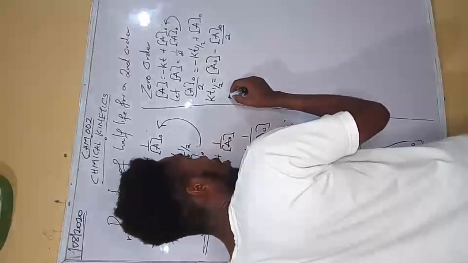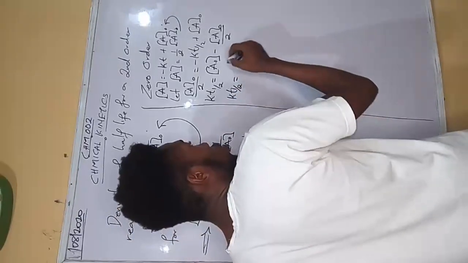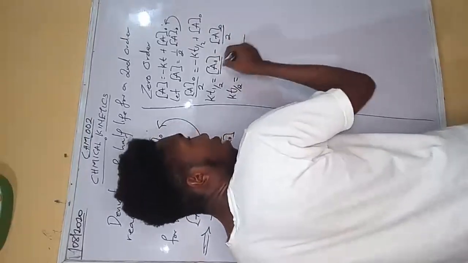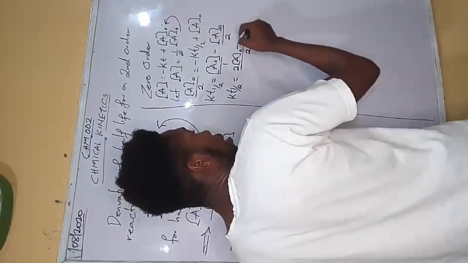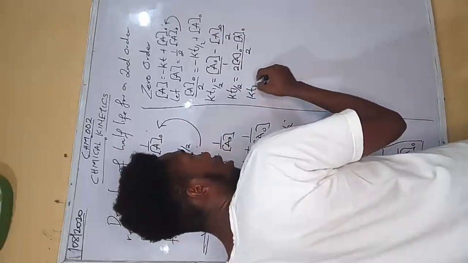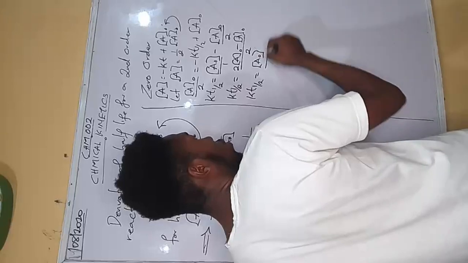Then we can now go further to see that our KT half is equal to what? By the time you subtract these two things, you have 2 here, 2 divided by 1, 2, then we have 2 A naught minus A naught. And having KT half is equal to what? A naught over what?